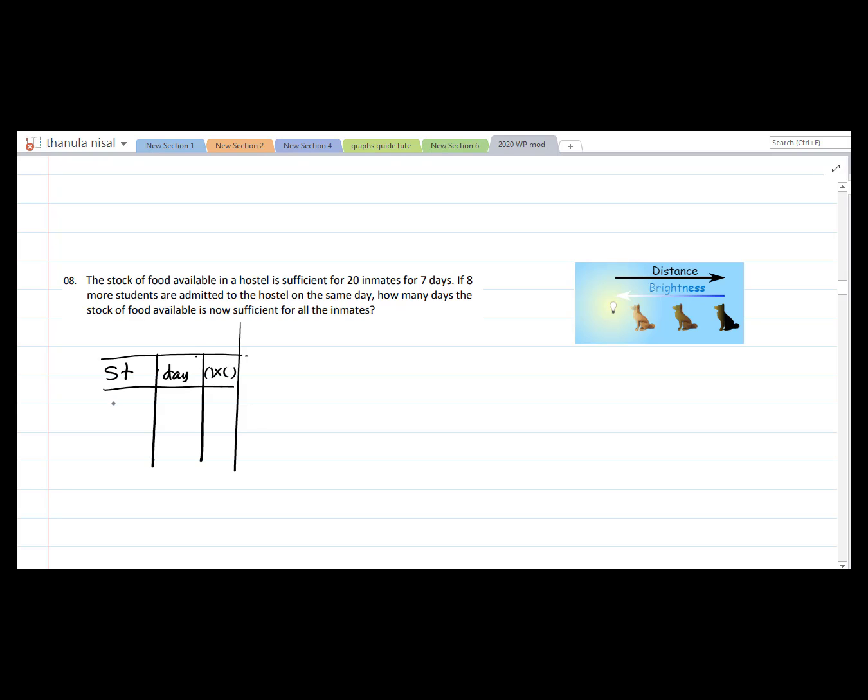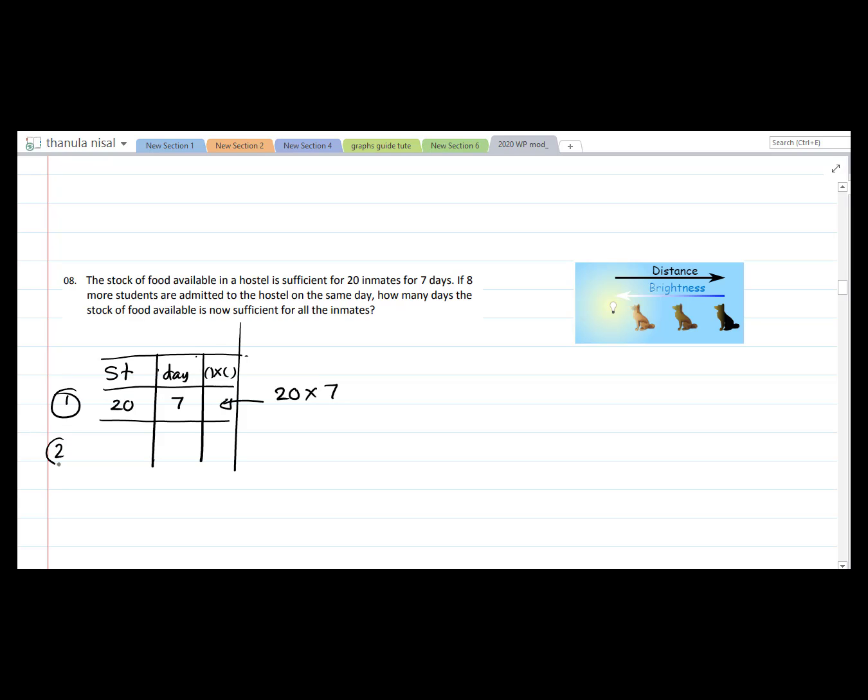Here there are 20 students, 7 days. Okay, that means total amount of food is 20 into 7. Okay, if 8 more students are admitted, this one is case 1.